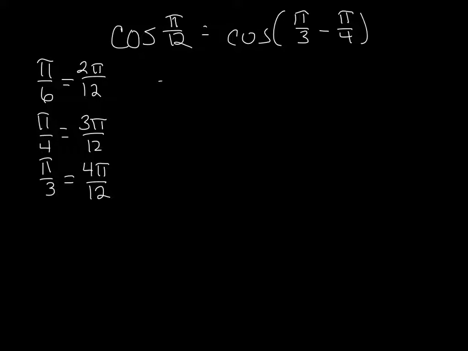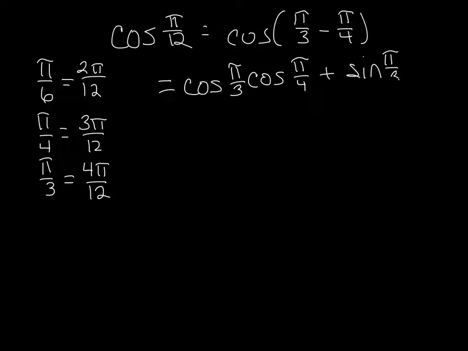Well, if I use the formula, this is the cosine of pi over 3, cosine of pi over 4, plus the sine of pi over 3, sine of pi over 4. Now these are all values that we know. The cosine of pi over 3 is 1/2.